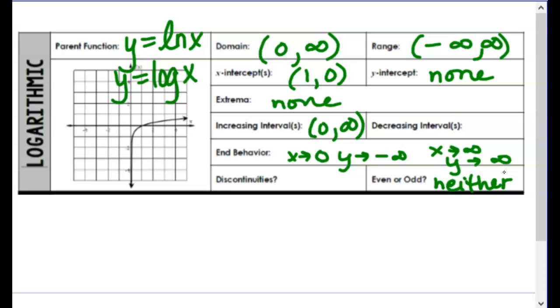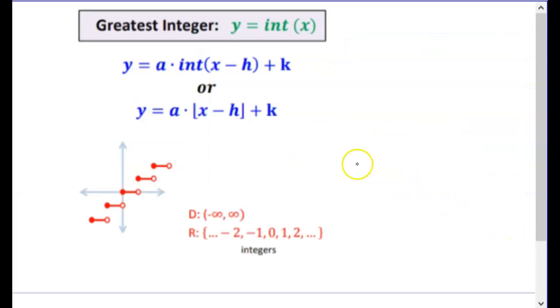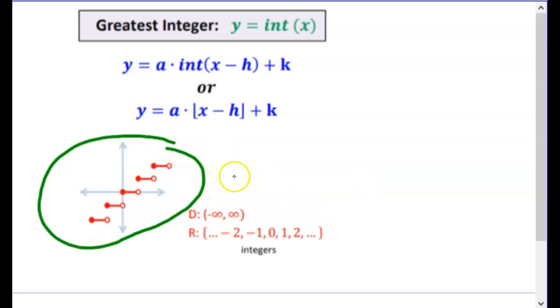All right. One that we do need to mess around a little bit with, like I said, exponentials and logs will have their own chapter or unit. But the greatest integer function is what we're going to do. What else is this called? Does anybody know from looking at the picture? Yep, this is called the step function.